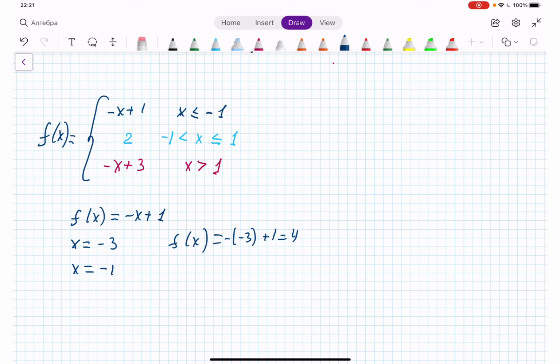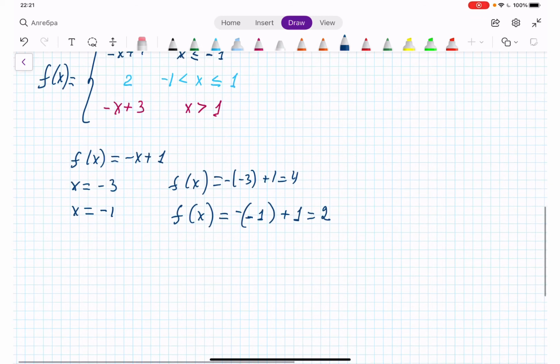Okay, so f of x is equal to 2. Because negative 1. Okay, that's the first one.